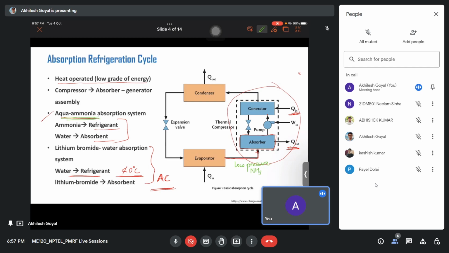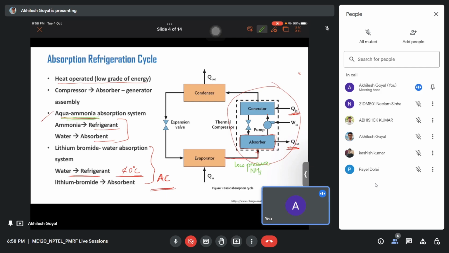This ammonia vapor goes to the absorber, and in the absorber there is already a weak solution of ammonia water. Weak solution means the concentration of ammonia is very small in the water. That's why we call it a weak solution.